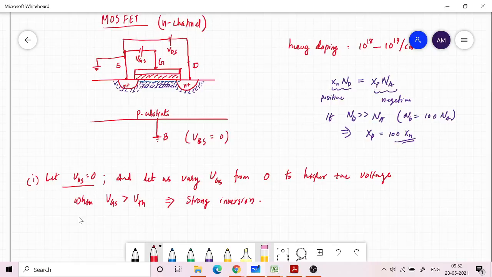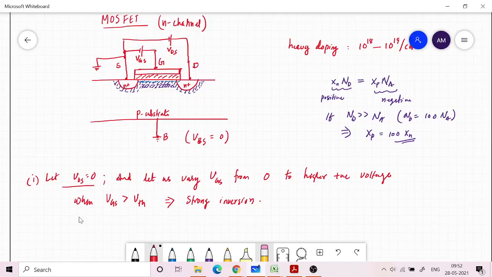And a layer of negative charge, these are not ions, these are basically electrons. Strong inversion means electrons will form a layer underneath the oxide region. That is what I am denoting here. So from left to right you have a channel that is created.